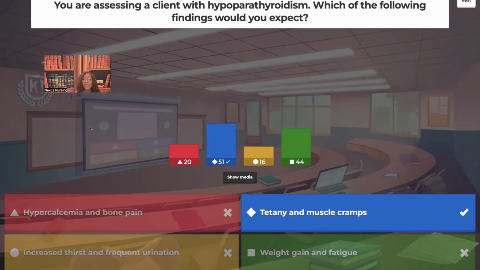And last, weight gain and fatigue. We'd see that in what? We see that in something like hypothyroidism when we were talking about metabolism. But in hypoparathyroidism, we're talking about hypocalcemia. Signs and symptoms of hypocalcemia, again, tetany, muscle cramps, paresthesia, that tingling sensation.